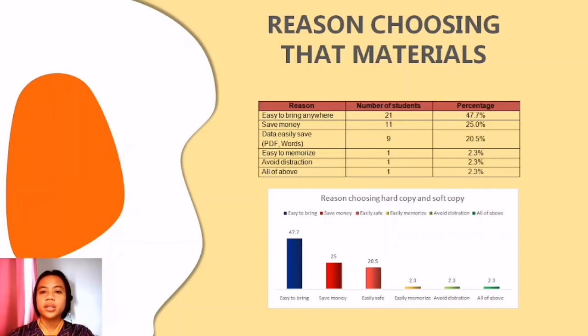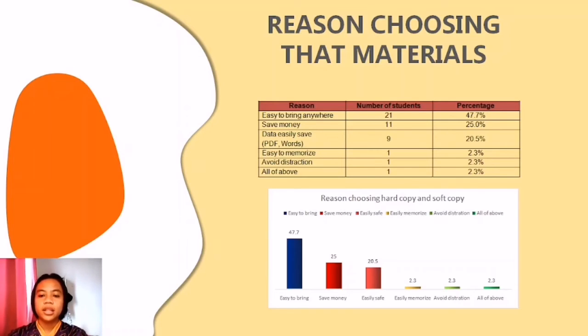Next, we go to the reason for choosing the materials. The figure above shows a total of 21 respondents, which is 47.7% of the overall percentage, for the reason easy to bring, which is the majority of this study. Next, a total of 11 respondents chose the reason save money, which is 35% of the total percentage.